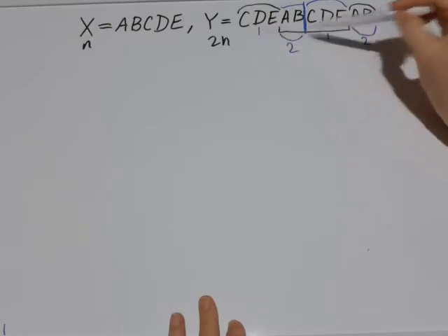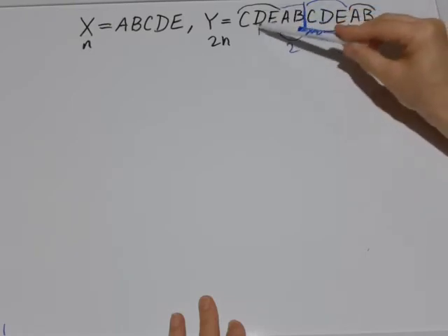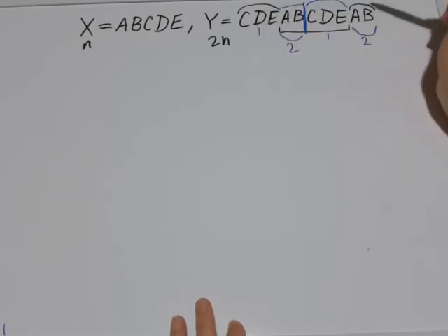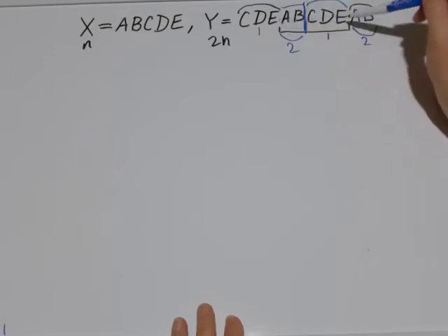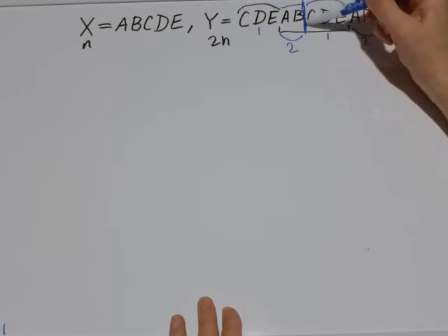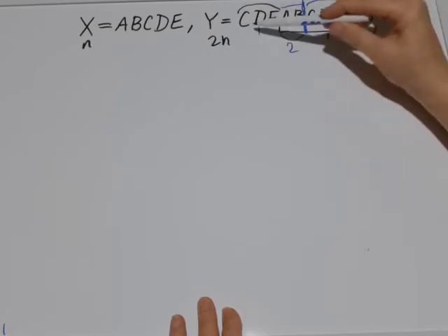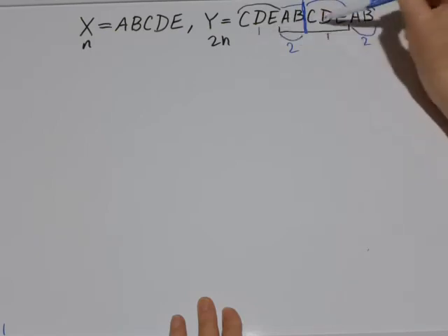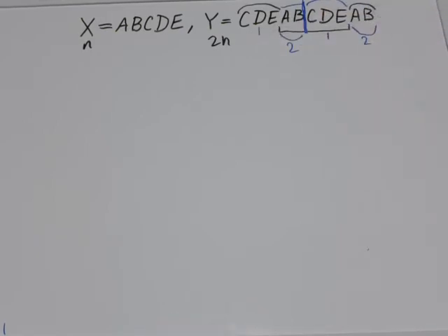That means CDE AB should be equal to CDE AB. Once you make this observation, you can cut y in halves, and if y has that form, then the first half of y must be equal to the second half of y.